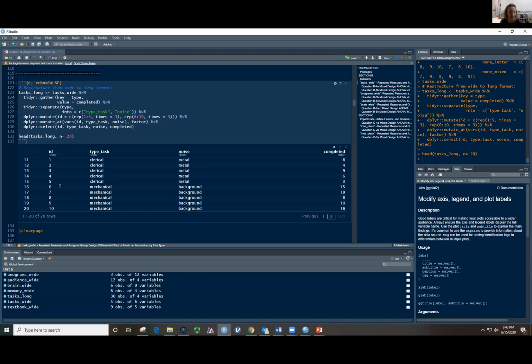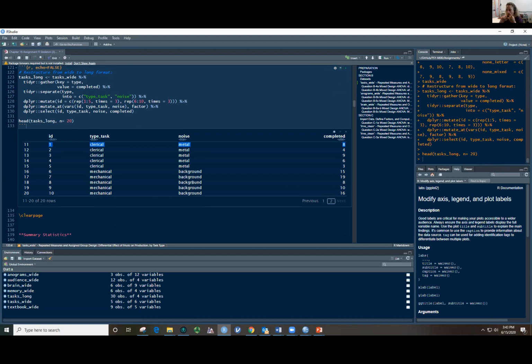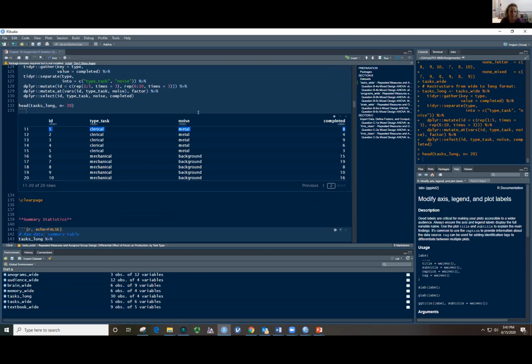And if we go down here, under heavy metal music, they got 8 tasks done. So each person does these tasks in the background noise, popular music, and heavy metal music. So those are the 3 noise conditions. Everyone does the task, but they are either doing the clerical task or the mechanical task.